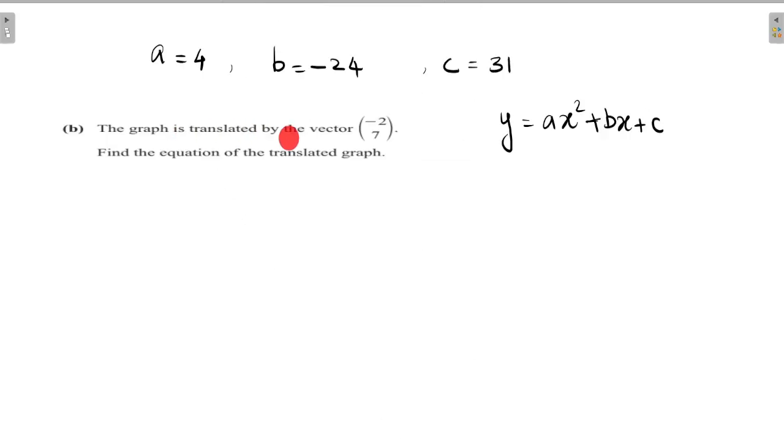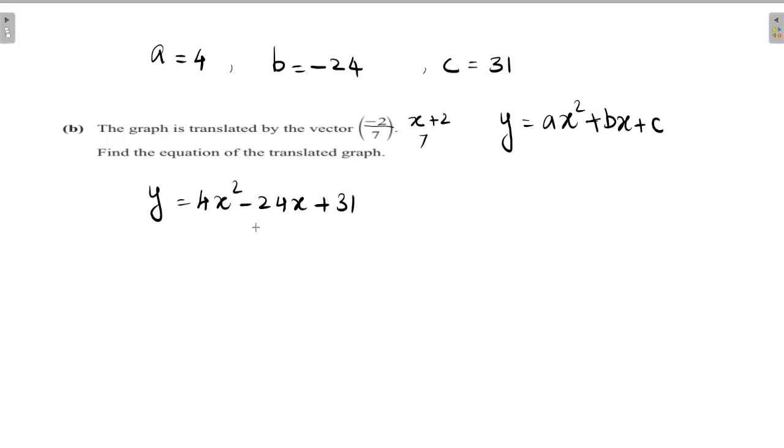The graph is translated by the vector (-2, 7). Find the equation of the translated graph. So the x coordinate is translated by minus 2. So x will be changed to x plus 2, and the whole curve is added to 7. Now we can find the translated graph. Equation of the curve is, replacing the a, b, c values, 4x square minus 24x plus 31.